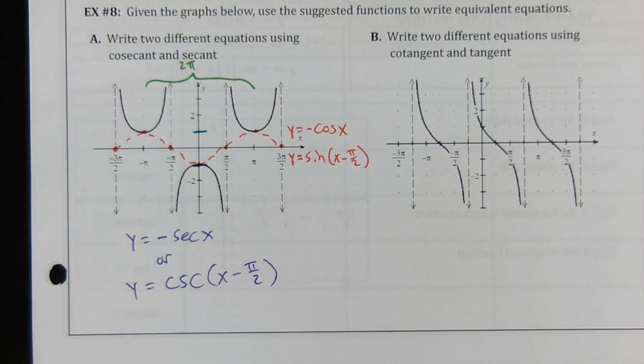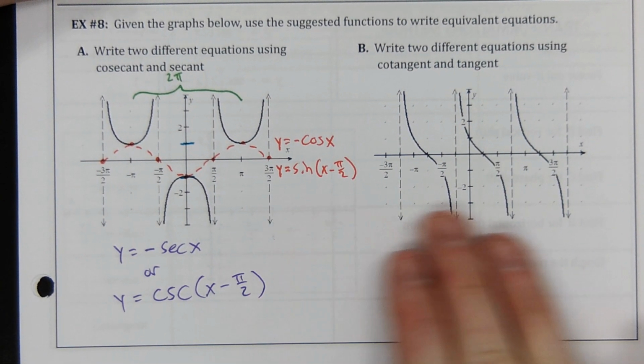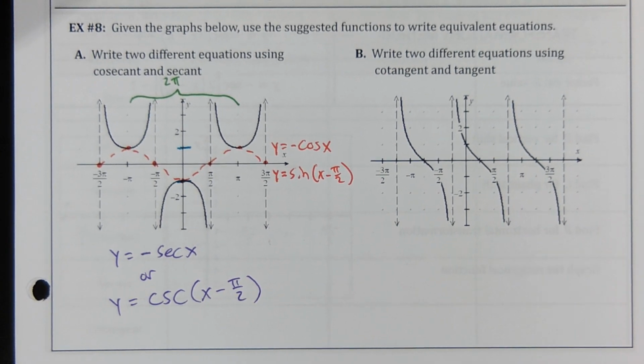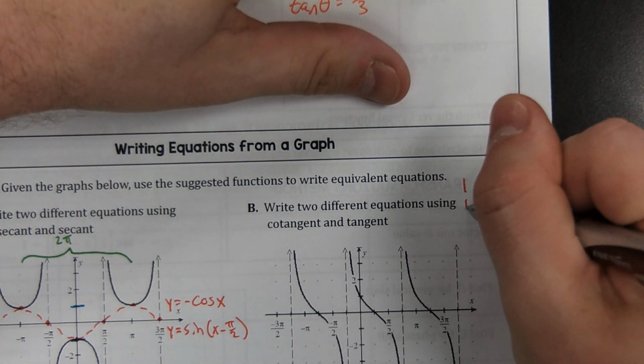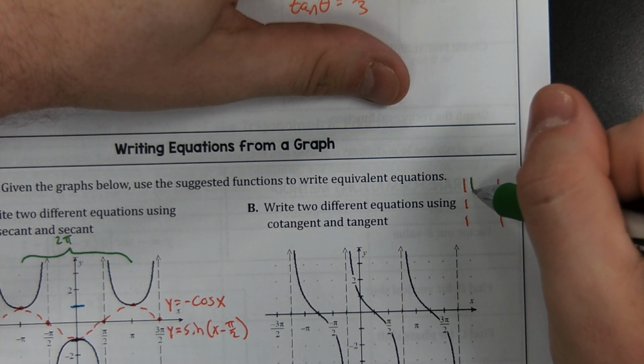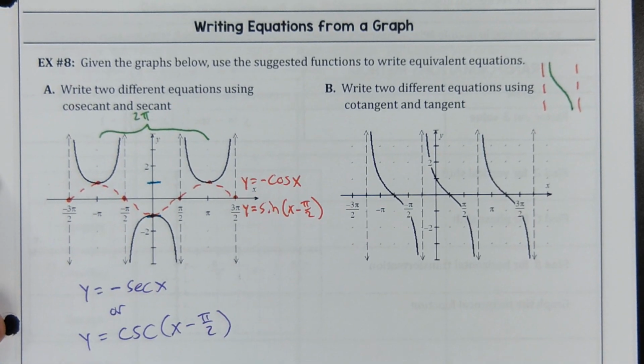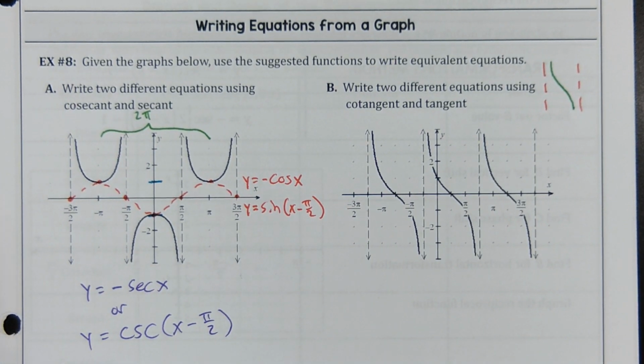Now, tangent and cotangent is going to be a little bit different, right? It says write two different equations using tangent and cotangent. So based on its shape, a decreasing function, would you want to say that is tangent or cotangent?